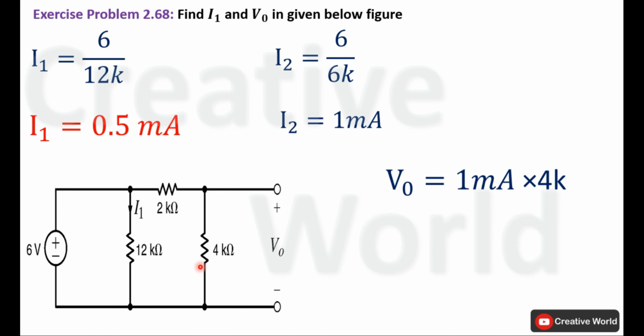Voltage across this resistance will be equal to the product of current through it, that is 1 milliampere, and the value of resistance, that is 4 kilo ohm. Taking the product of 1 milliampere and 4k, it will become 4 volt. So 4 volt is appearing across this 4 kilo ohm resistance and 0.5 milliampere current is flowing through this branch.